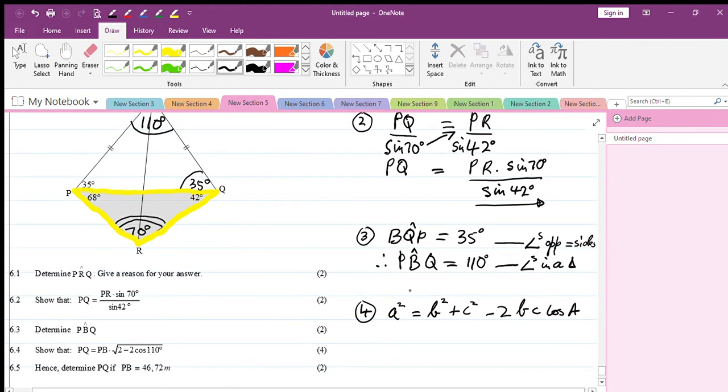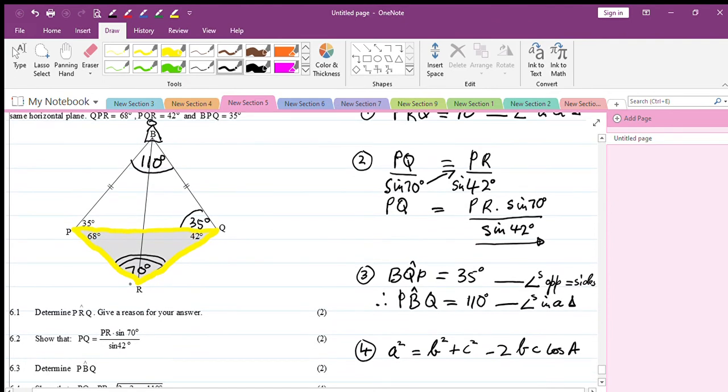Now we know that we need to include side PQ. Where is PQ? There is PQ. We need to include side PB. Where is side BP? And there is that. So what triangle are we going to use? We are going to use this triangle.